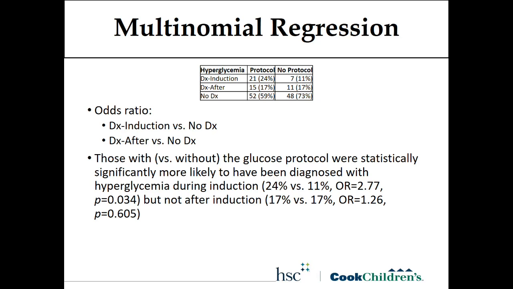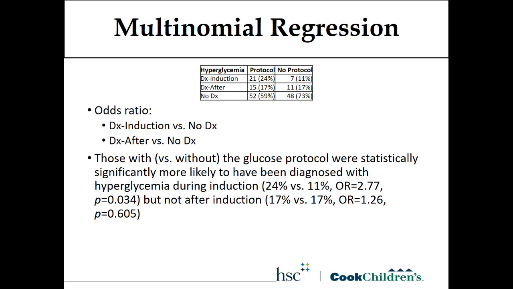And as a quick aside, I talked about that cool AD divided by BC formula, which I use a lot. I actually used that in Excel during this presentation to compute this. I did this in SAS, but I double checked the odds ratios. For the first one, the during induction group compared to no diagnosis, you just completely remove the after induction row from this analysis.